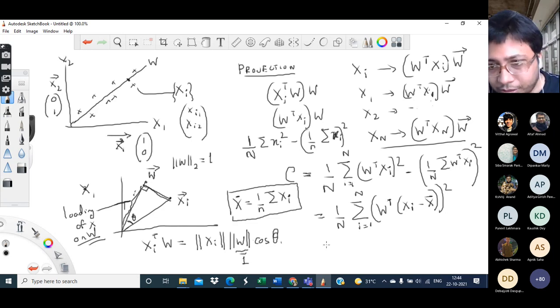Now I will again do a bit more trickery. Notice that this is a scalar quantity whose square I have taken.